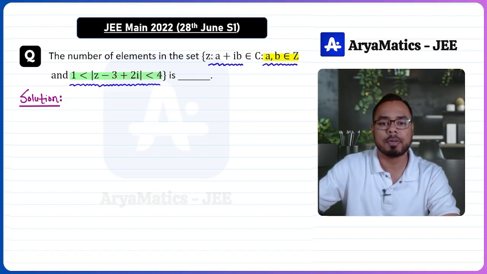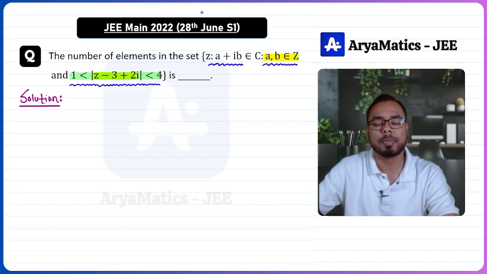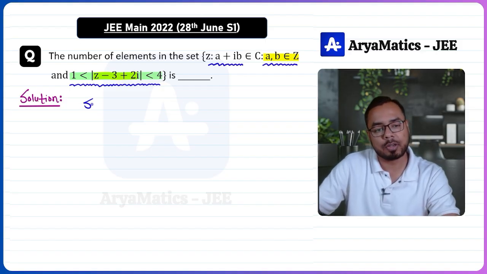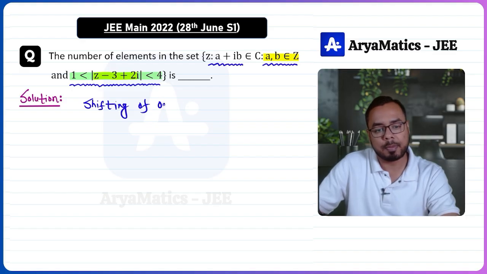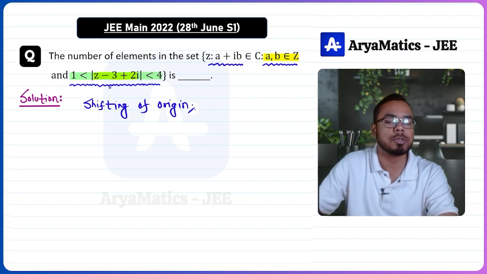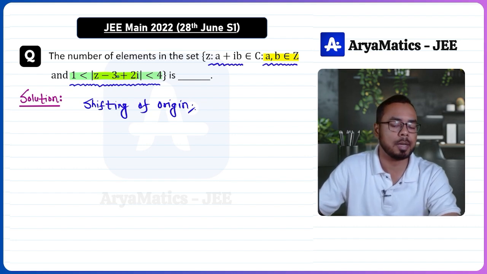Here, instead of plotting this circle with center at point 3, minus 2, we are going to shift the origin. That means we are going to use shifting of origin, and will make the center of the circle at origin. Right now, for these two circles, the center is at point 3, minus 2.